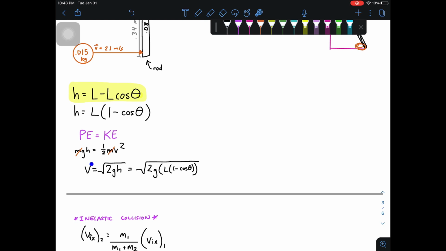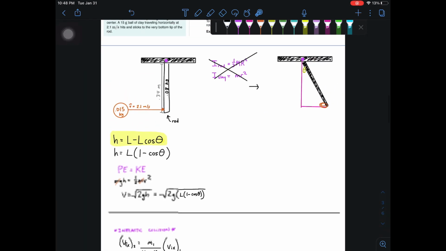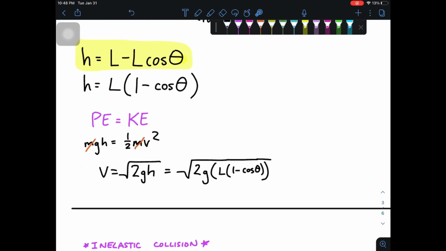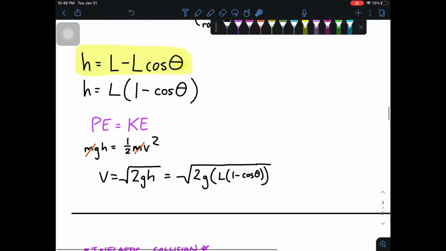And it's important to note here that the velocity is the velocity of this system after the collision, because that's when the kinetic energy would come in terms of the rod. So what we will see is that we can plug the H that we just found into this H right here. That would be the equation for velocity.